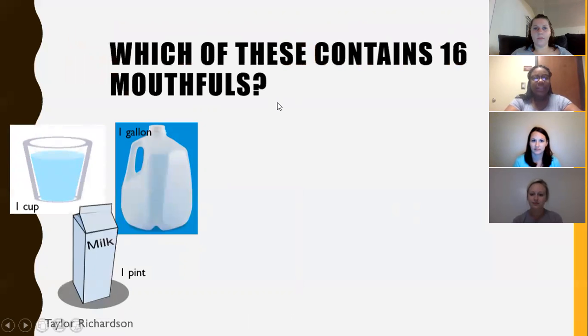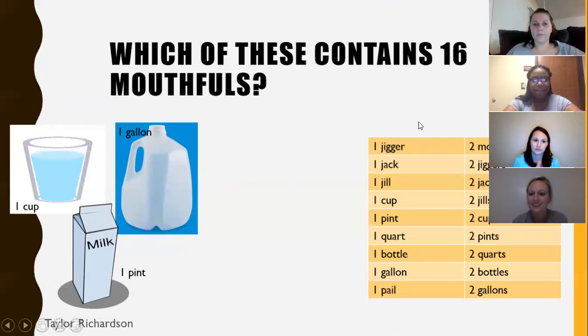Taylor, which of these contains 16 mouthfuls? To find the answer to this question, we need to understand the system of doubling that occurs with these measurements of capacity. When we look at this chart here, we can see exactly how these measurements play out.